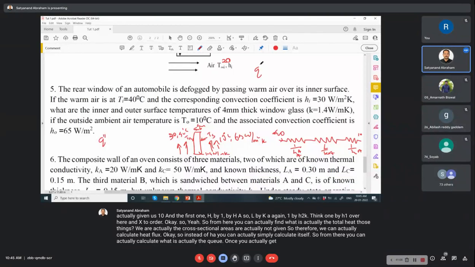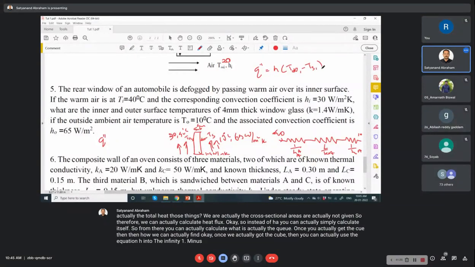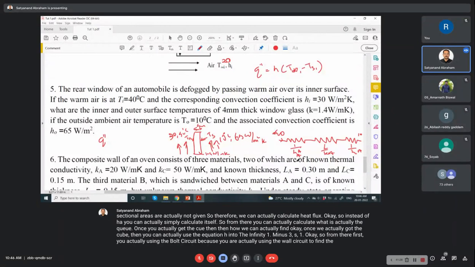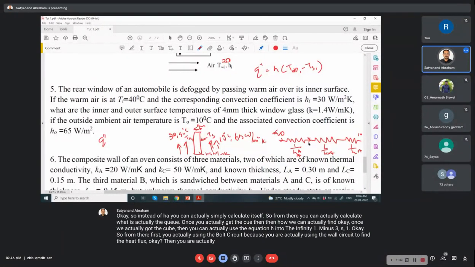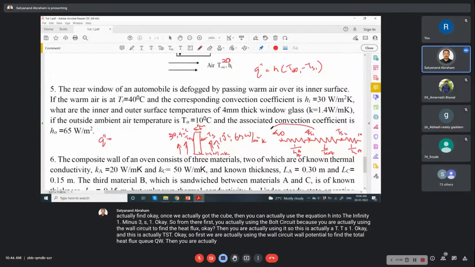Once you get the Q, how can we find the surface temperatures? Once we have the Q, you can use the equation h into T infinity 1 minus Ts1. First you use the whole circuit, the overall potential, to find the total heat flux Q. Then you use the partial ones.